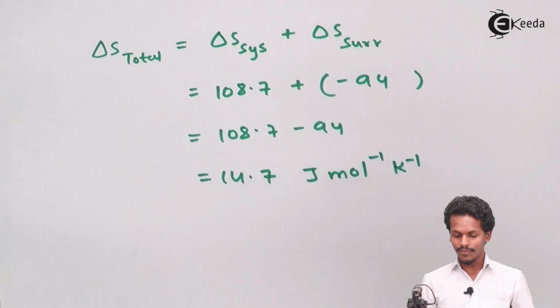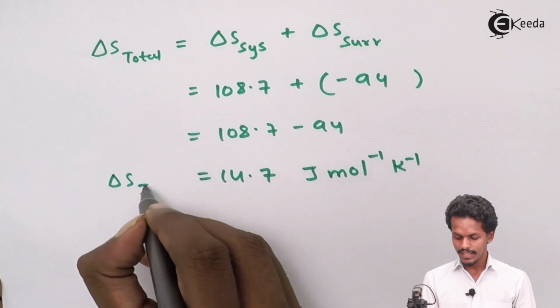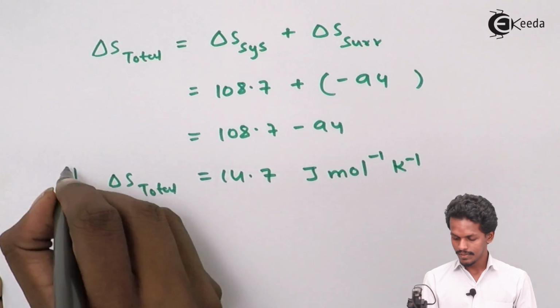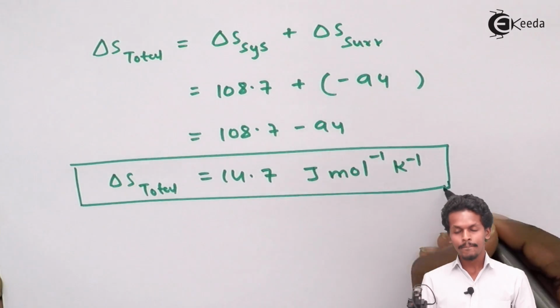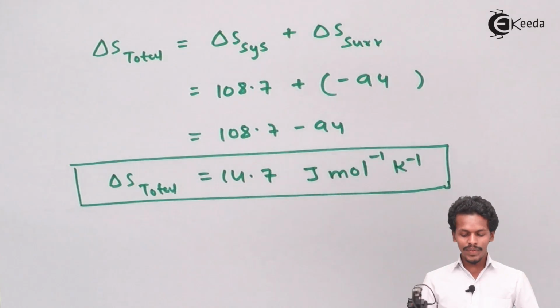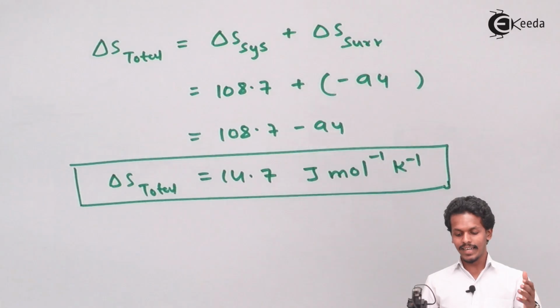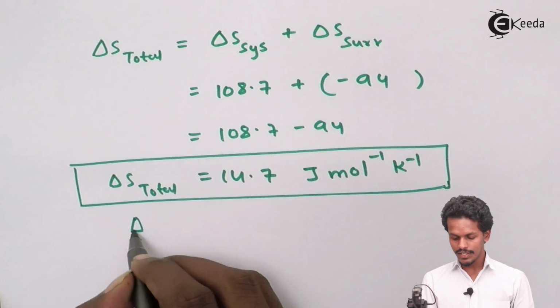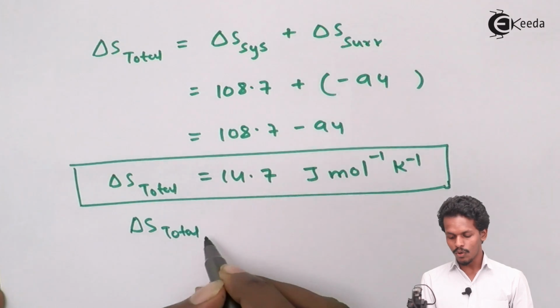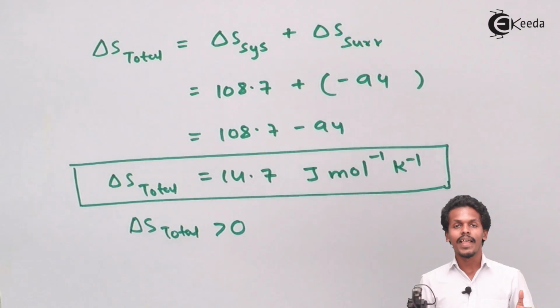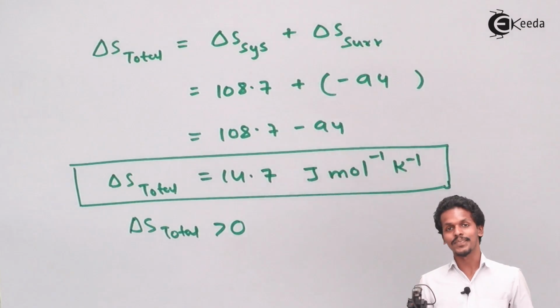This is what we have for the total entropy change. And in this case, we have observed that the total entropy change is a positive value, that is, it is more than 0, so the reaction is spontaneous.